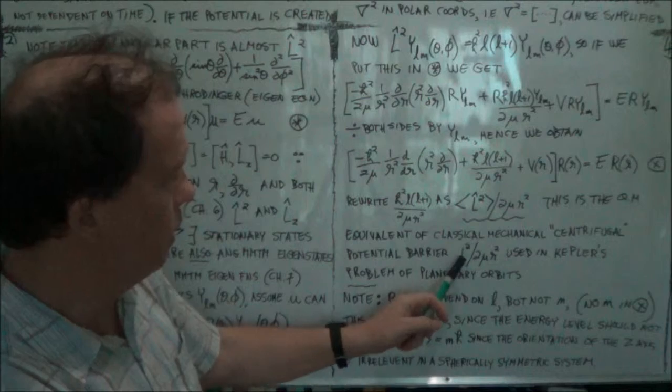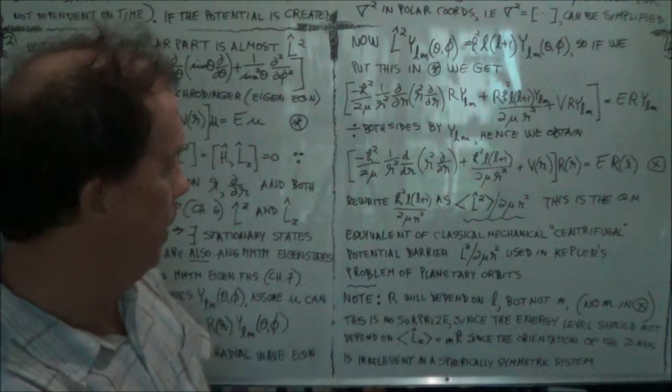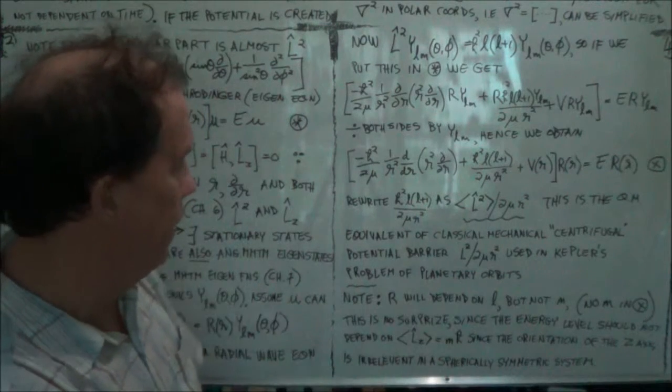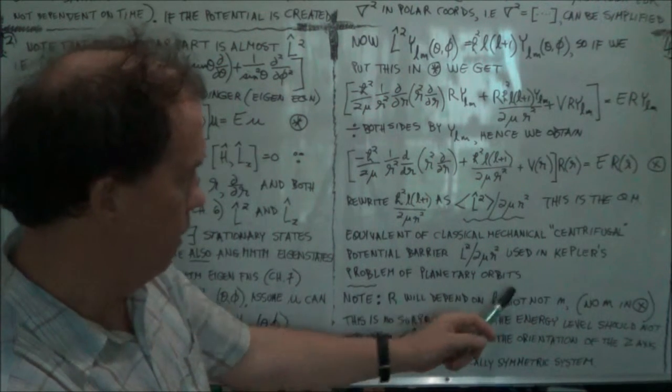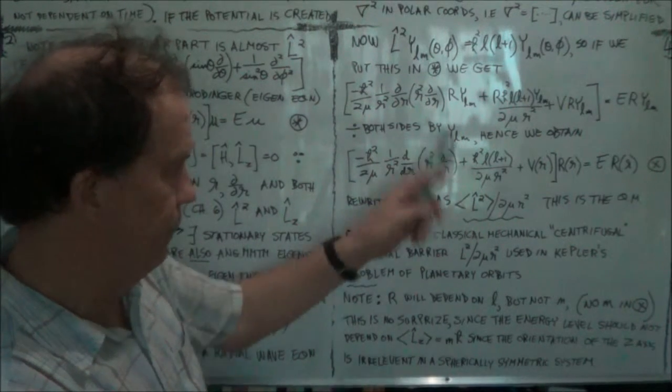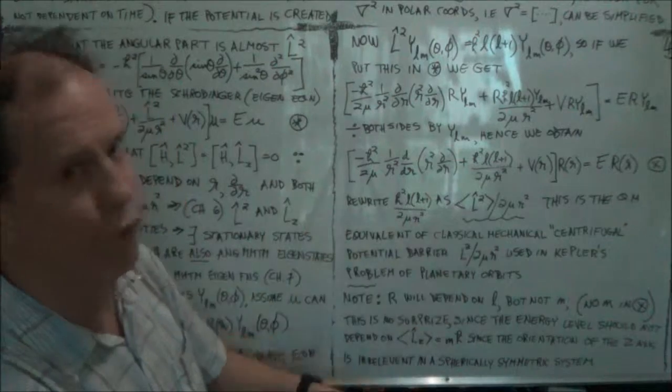Now this L here is just the classical angular momentum, and this concept pops up when you're analysing planetary orbits. Like I say, just a comment, like a footnote, if you like.